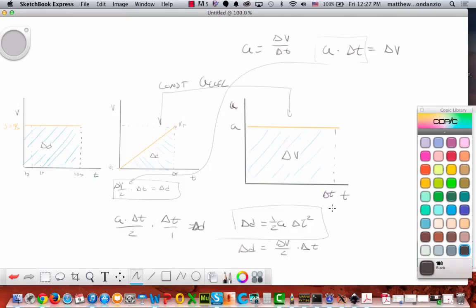Okay? Well, notice something interesting. If I have this object and I have this object, they're both falling because of what? Gravity. And gravity makes everything fall at the same rate. Okay? 9.81 meters per second squared. Well, if I fall the same distance, what does that mean about the time for both of these objects?